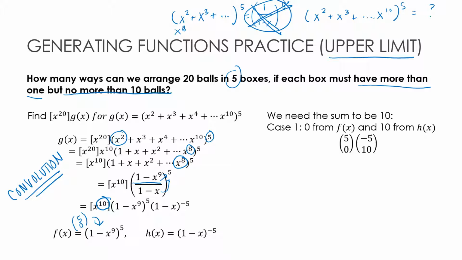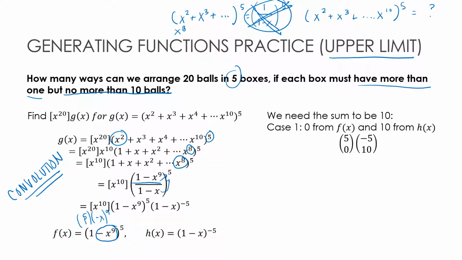Hopefully you follow that. Then let's say instead I'm choosing 5 choose 1 of these. Well, 5 choose 1 is great, but that doesn't mean I get 9 from here because how many x's do I have here? Well, if this is 5 choose 1, it's also negative x to the 9th, right?